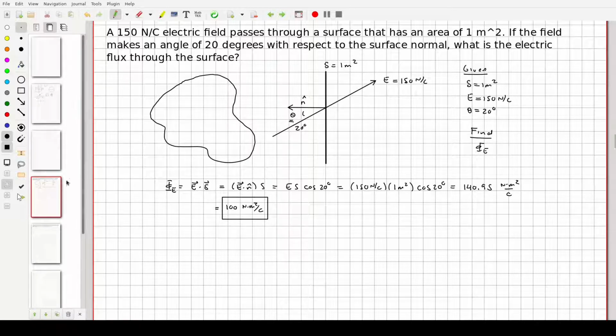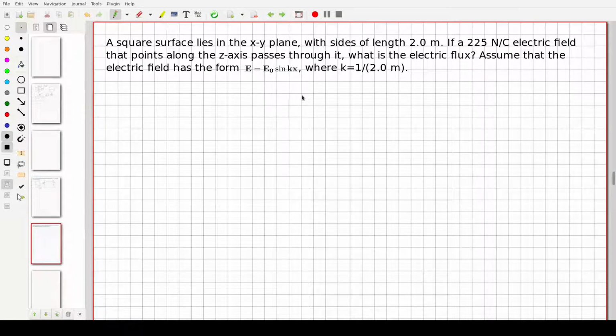Now, from a more complicated standpoint, we have this one right here. So here I have a square surface that lies in the xy plane with sides of length 2.0 meters. So let me draw a three-dimensional coordinate system here, like this. This is z, this is y, this is x.